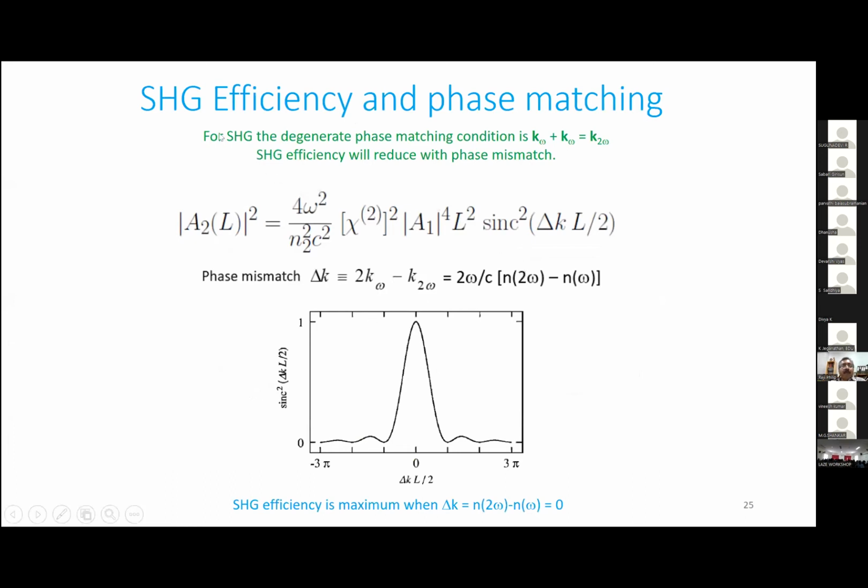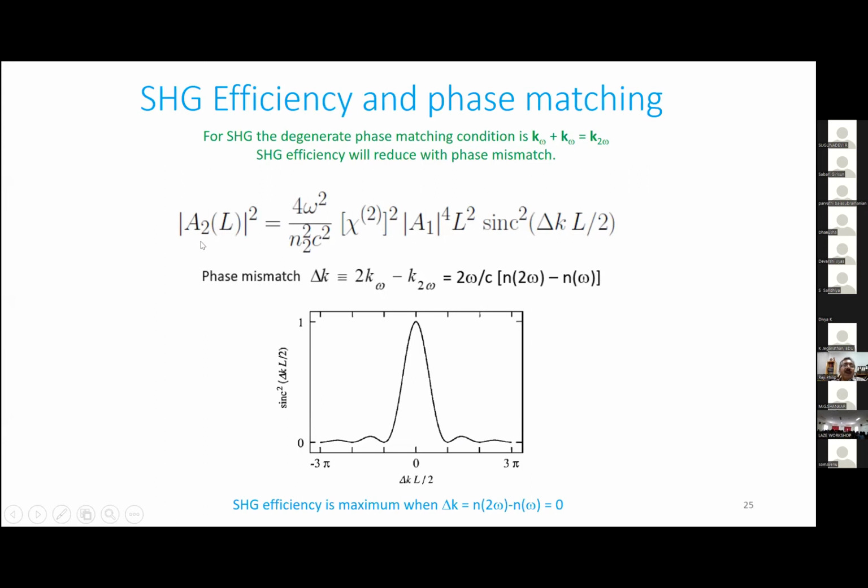So the efficiency of second harmonic generation certainly depends on how well you can match. Any phase mismatch is actually going to reduce or kill your second harmonic efficiency. So this is the equation for this. You can see that this is the output. L is the length of the crystal.